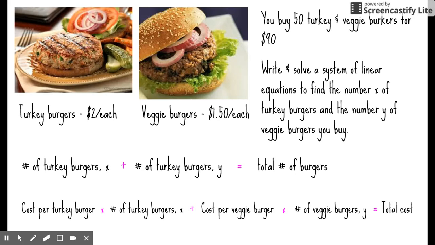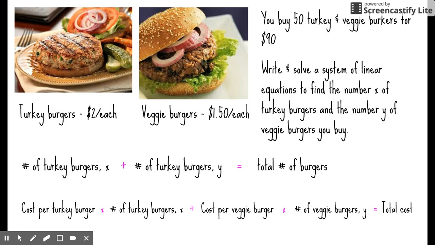We're going to use x as the variable for turkey burgers. So we're going to have two linear equations. We're going to take the number of turkey burgers, which is x, add it to the number of veggie burgers, y, equals the total number of burgers.